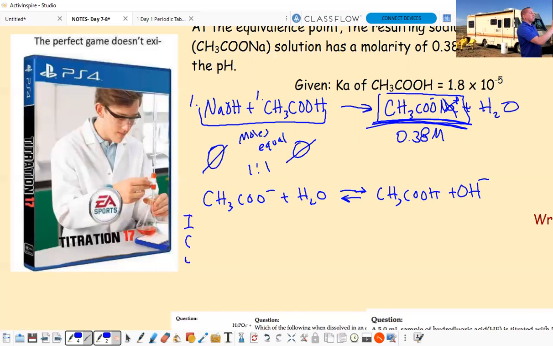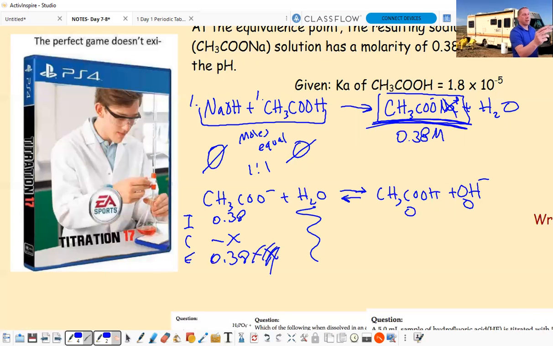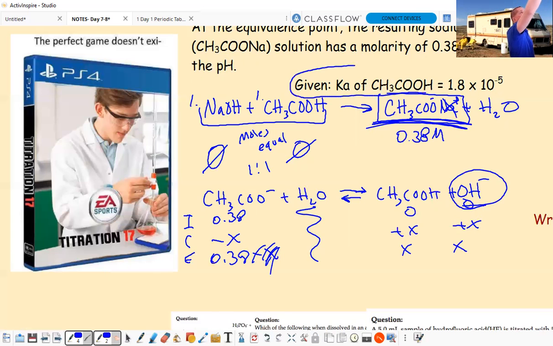Ice chart. The initial concentration was 0.38. We don't care about water, none and none. Minus X, 0.38 minus X, but we know we're going to ignore that. Plus X, X, and X. Notice we have an OH minus, which is a base, but we're given the Ka. So I need the Kb.